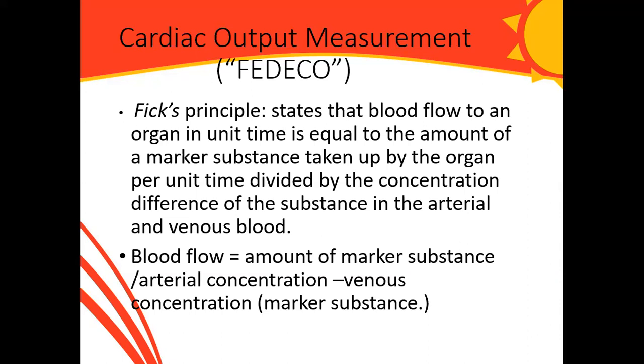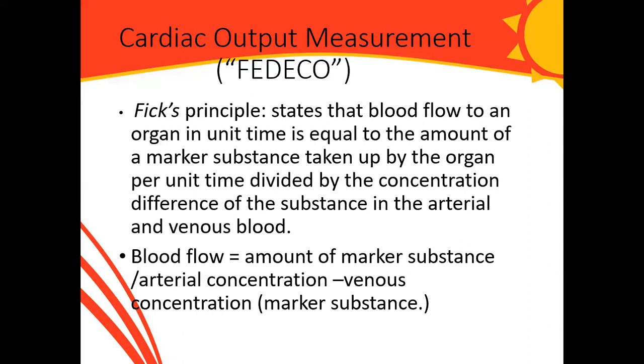Fick's principle states that the blood flow to an organ per unit time is equal to the amount of a marker substance injected into the circulation that is taken up by the organ per unit time, divided by the concentration difference of the substance in the arterial and venous blood.